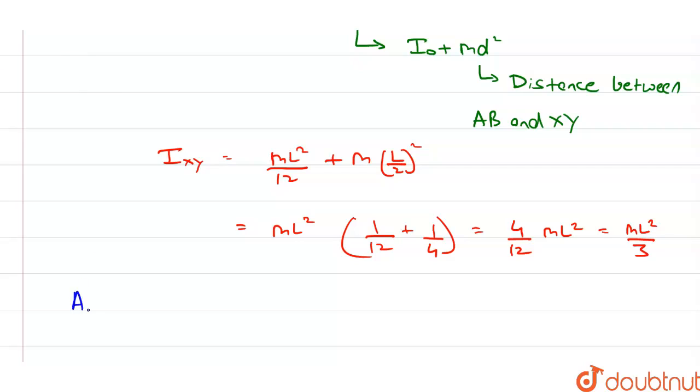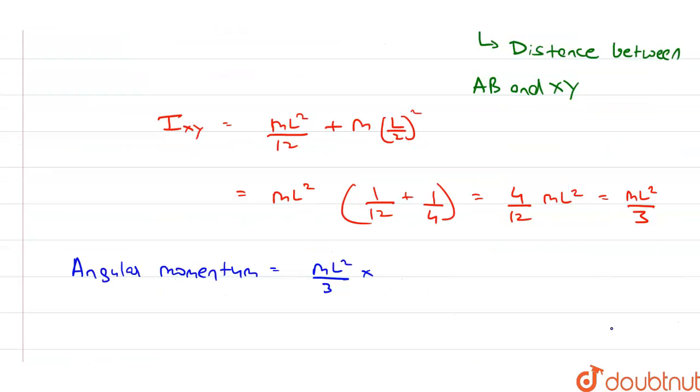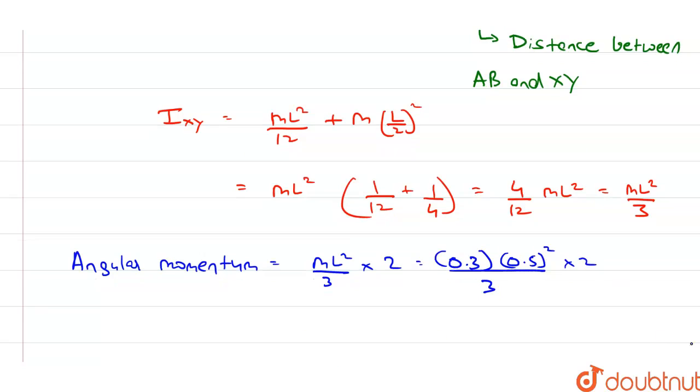Therefore angular momentum is equal to ml square by 3 into omega, which is given to us as 2 radian per second. So putting the values, mass is 0.3 and length is 0.5 whole square divided by 3 into 2.